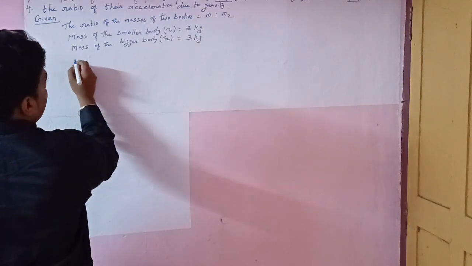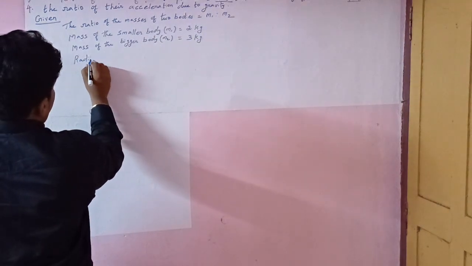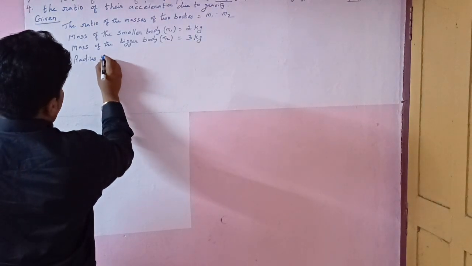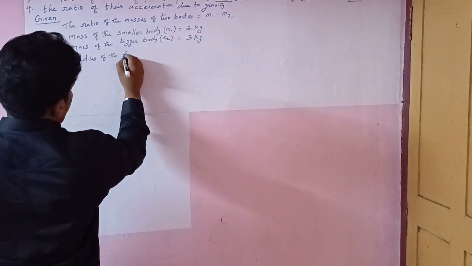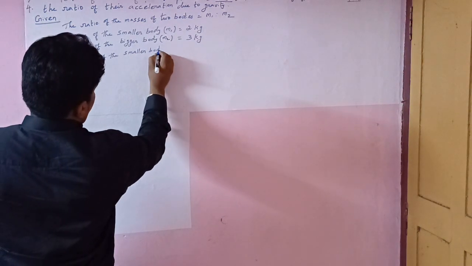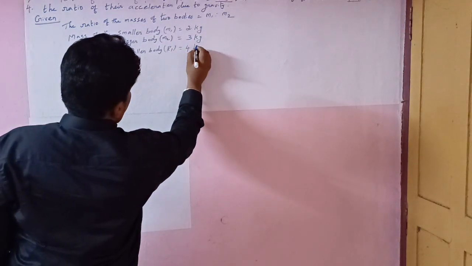So we have to mention the radius of the bodies. The radius of the smaller body, r1, equal to 4 kilometer.